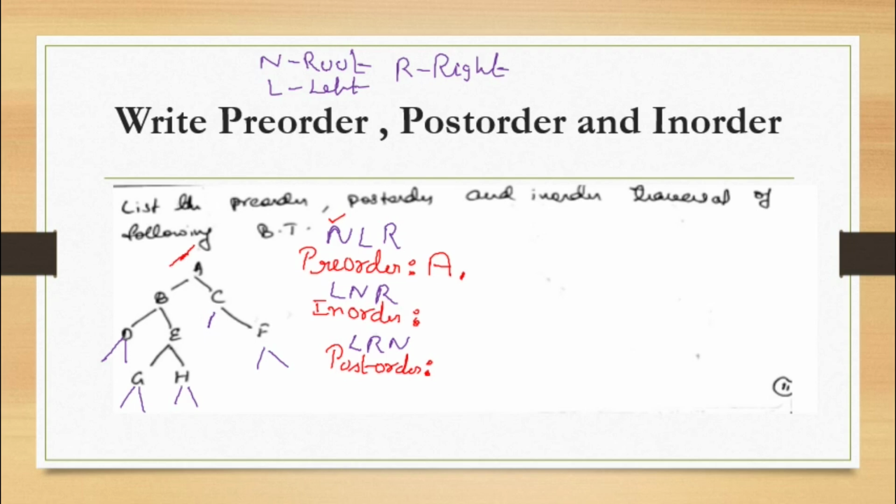Then I visit B for the first time, according to our rule only. Then we visit D for the first time. I turn and come back, and I always have to move from left to right. D I'm visiting for the second time. Second time visiting means it is nothing but in order, so you have to write D here.